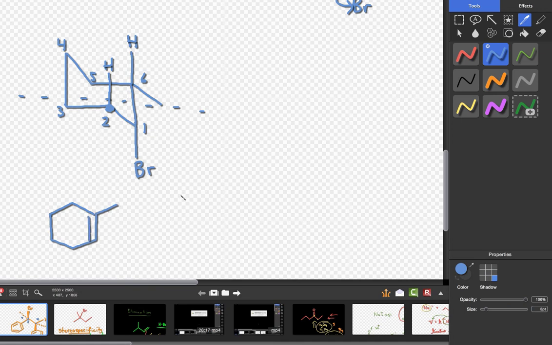And the second product, this one won't be quite as stable because it's not as substituted, is this molecule. So the molecule on the left affords two products, but of course, the one on the left is my major product via Zaitsev's rule.